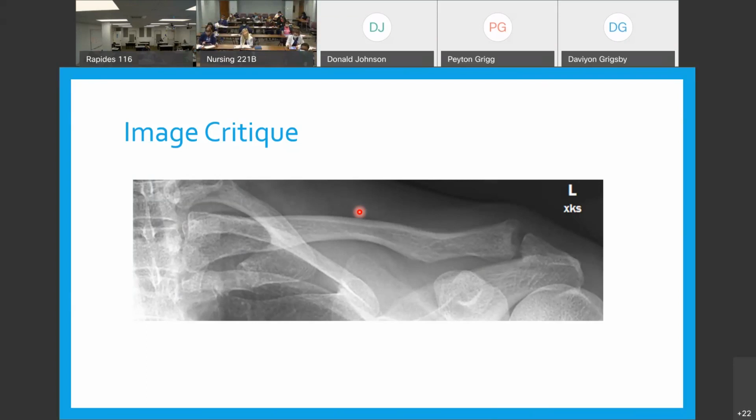Does everybody understand that? This is your image critique portion, so if you have questions, please ask. So how would you know which angle, like 0 to 15 or 15 to 30? You wouldn't, that's what I just said. The only way I know it's an axial is because we have 2/3 of the clavicle cleared.